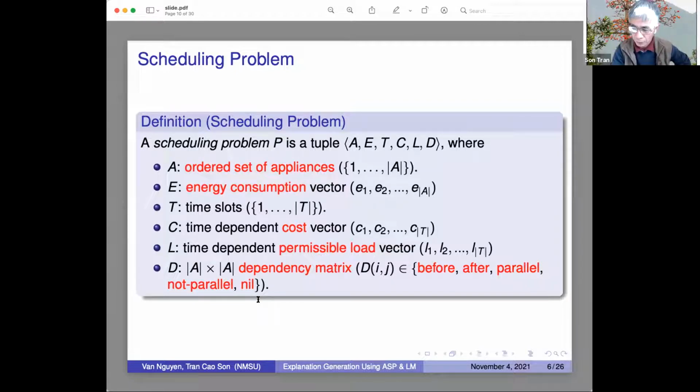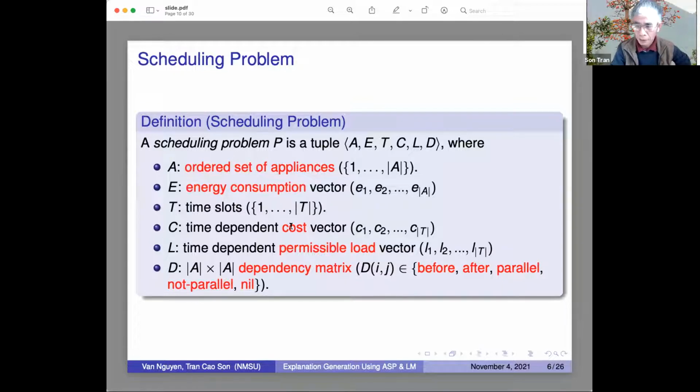A scheduling problem is a tuple: a set of appliances, the description of the energy consumption of each appliance, the time slots that we need to schedule the appliances for, and the cost.